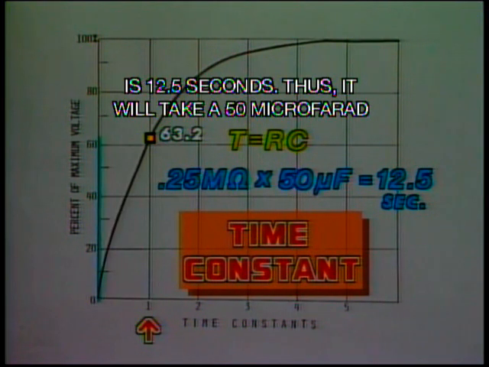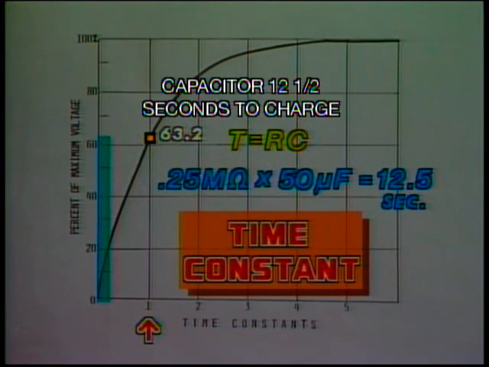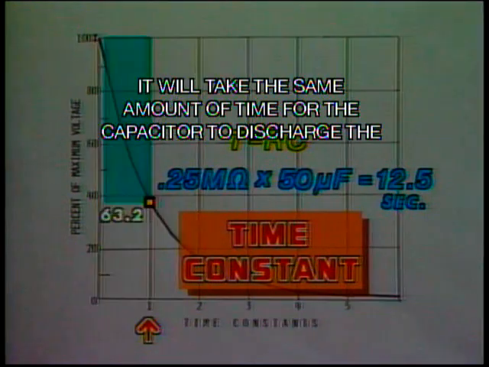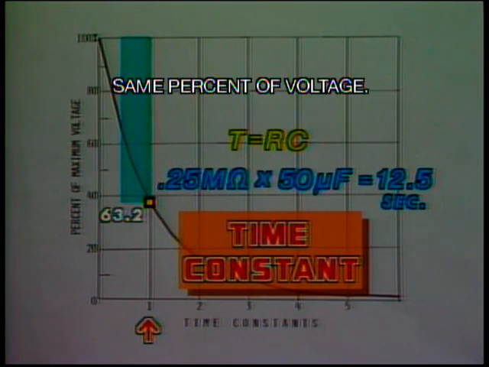Thus, it will take a 50 microfarad capacitor 12.5 seconds to charge 63.2% of 12 volts through a 0.25 megaohm resistor. It will take the same amount of time for the capacitor to discharge the same percent of voltage.